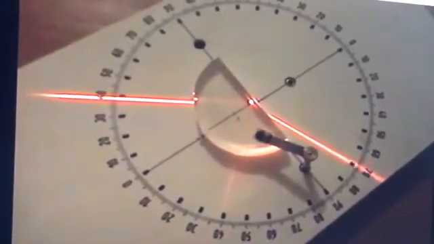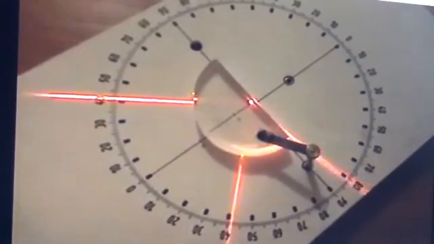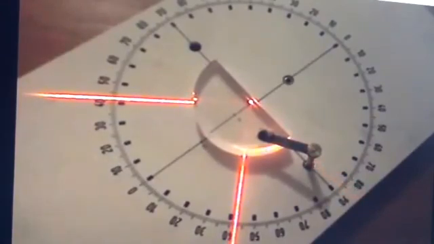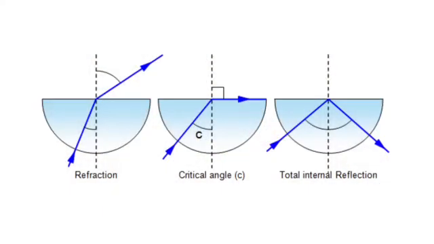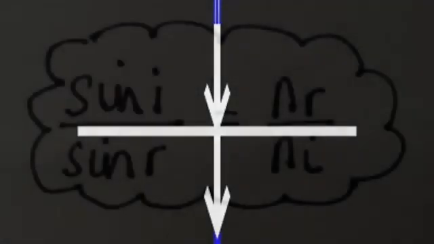So let's check. We're approaching 40, we're getting to 42. Now the light is refracted at 90 degrees, and past that point we're seeing total internal reflection. We've seen the behaviour of light travelling from glass to air changes as the angle of incidence changes. When I equals 0, it goes straight through.